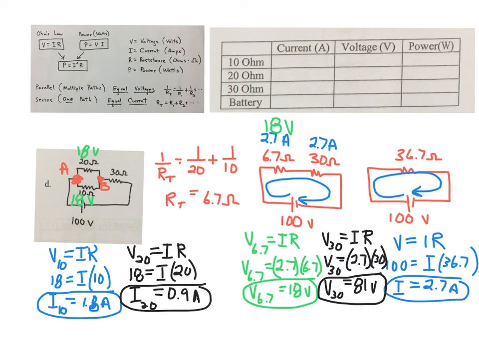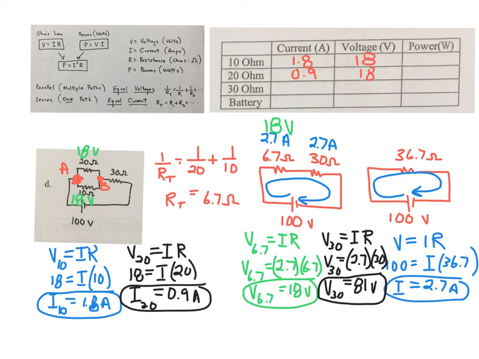Now I can fill in my chart and just pick numbers out. The 10 ohm resistor we just figured out is 1.8 amps of current, a voltage of 18 volts. The 20 ohm resistor is 18 volts, same as the 10 ohm resistor, and its current was 0.9 amps.